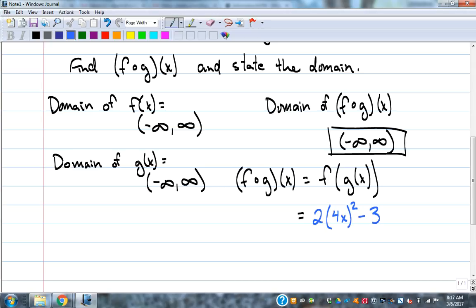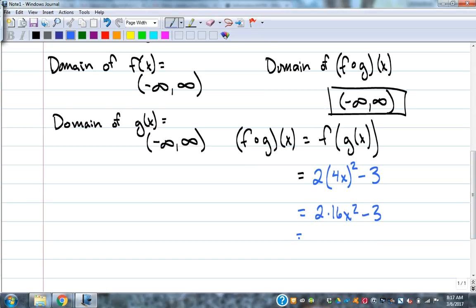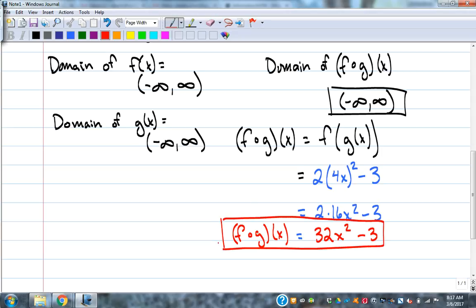And you simplify it as much as possible there. So we're going to simplify that. That'd be 2 times 16x squared, which would be 32x squared minus 3. And there's our function composition, or our composite function. 32x squared minus 3.